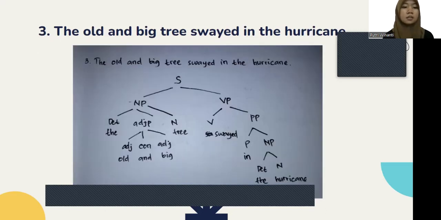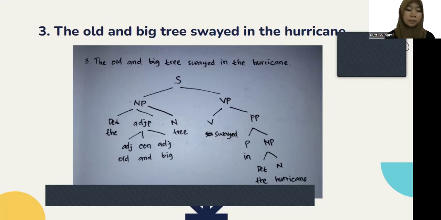The next is: the old and big tree stood in the hurricane. The sentence is split into noun phrase and verb phrase. The noun phrase is the old and big tree. The determiner is the, then the adjective phrase. The adjective is old, the conjunction is and, and the adjective is big.